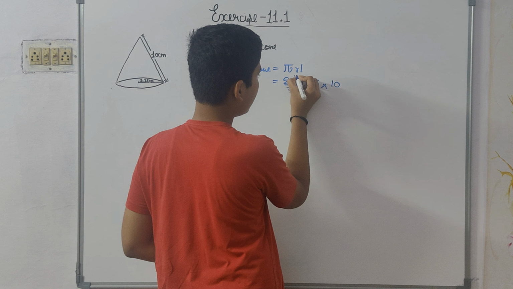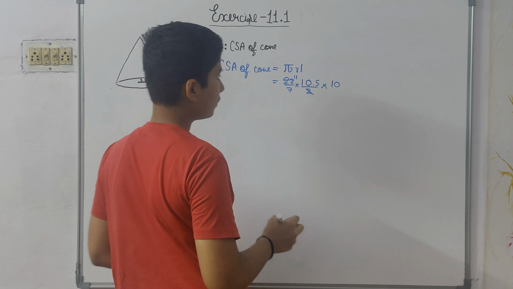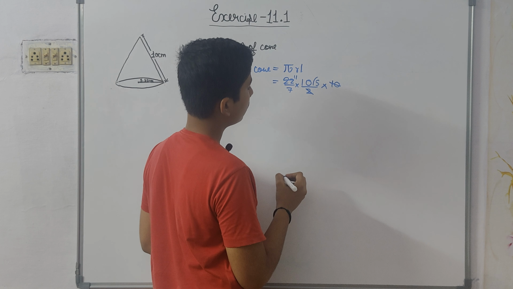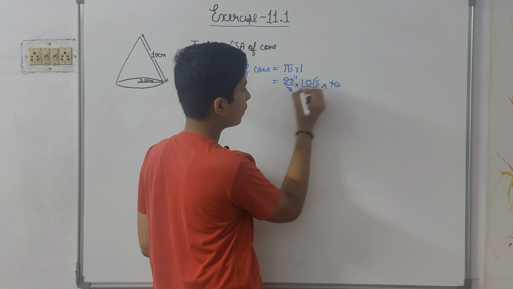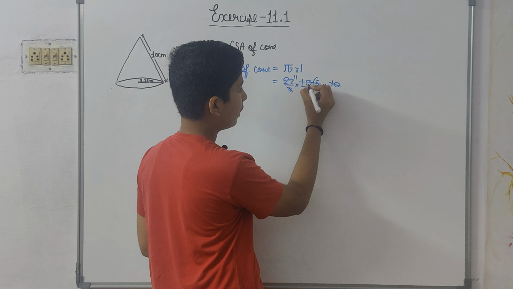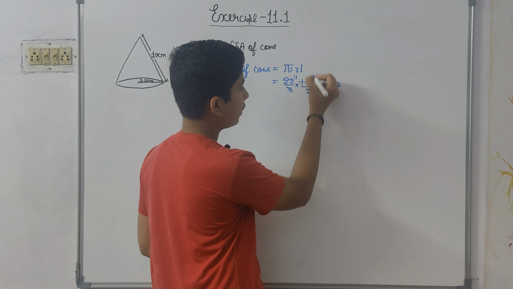So this would be 11. This gets cancelled and this would be 105. So this will get 530. This would be 15.